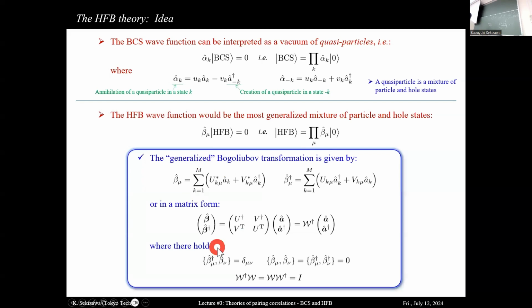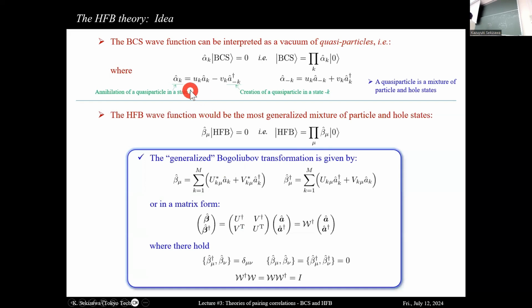This beta is given by a superposition of a and a†, but here we take the summation over all states.